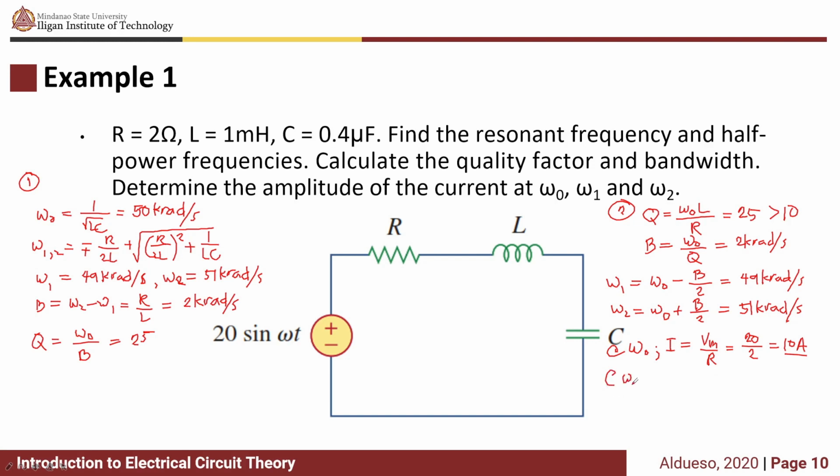At omega 1 and omega 2, I is just equivalent to Vm over square root of 2 R, which is equal to 7.071 amperes.